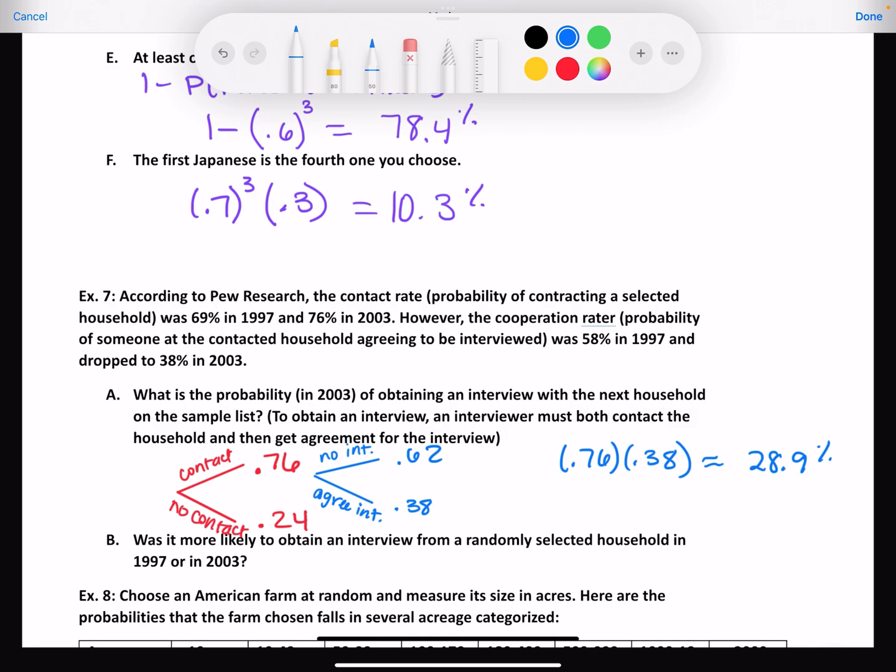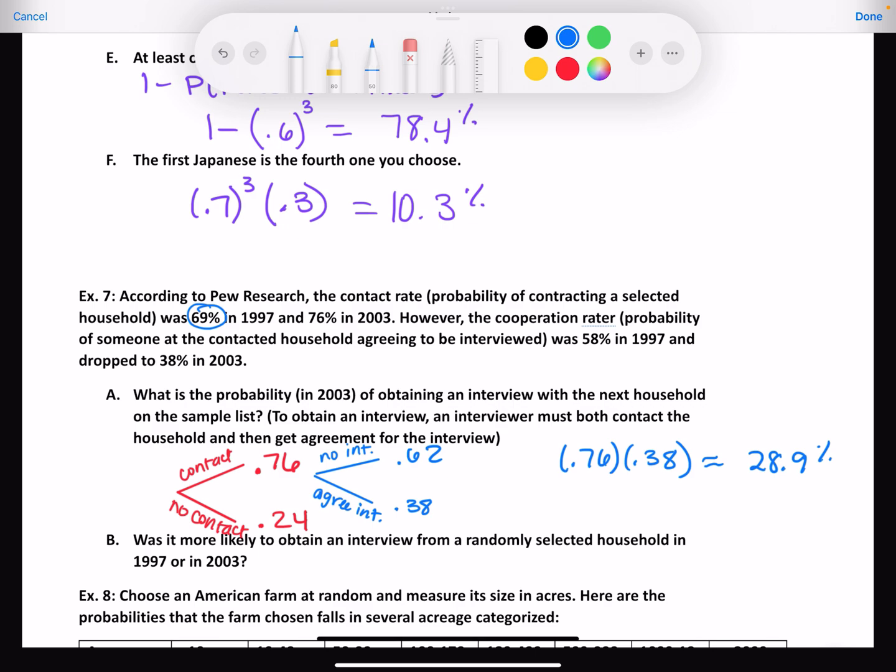Was it more likely to obtain an interview from a randomly selected house in 97 or in 2003? 2003. The percentage is higher. Well, we didn't check 97 yet, so you can't just say that yet. But isn't obtaining the interview like doing all of it? Oh, never mind. So we need this 0.69 in 97 times agree to interview was 0.58.